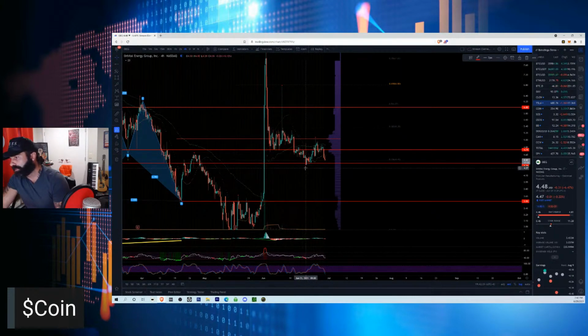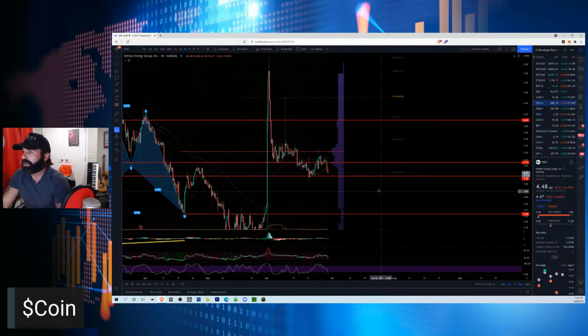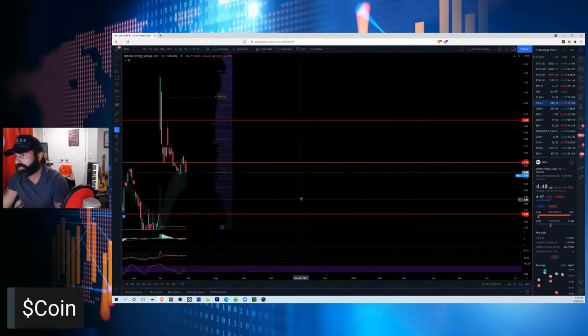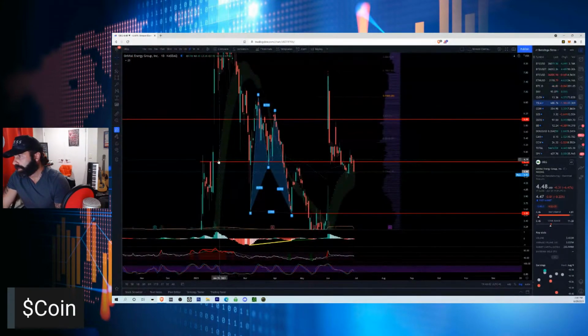So if I was going to stop out, I might look at this wick here from June 21st at about 428. If it fell underneath that, I'll probably get out. But on the upside, you'd think if this asset did come back down, test it as support once again and break up, I would probably keep my eye on, if we move to the daily chart here, I probably look at $5.